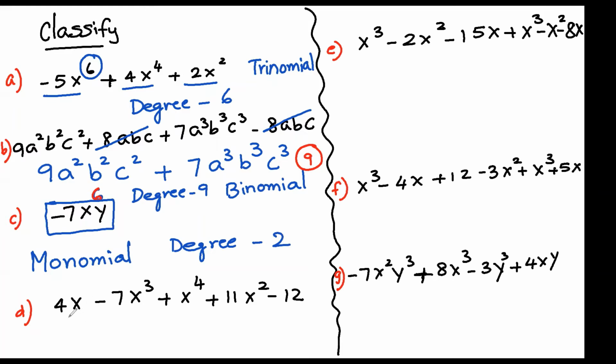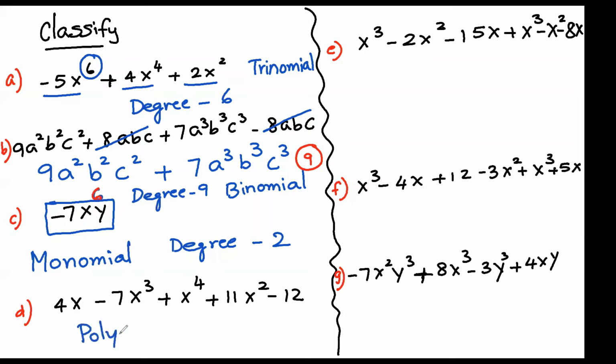Now look at D. 4x minus 7x cubed plus x to the 4th plus 11x squared minus 12. Look through the expression to see if you have any like terms. And you will notice that there are no like terms in this expression. Now you see that there are more than 3 terms in this expression.